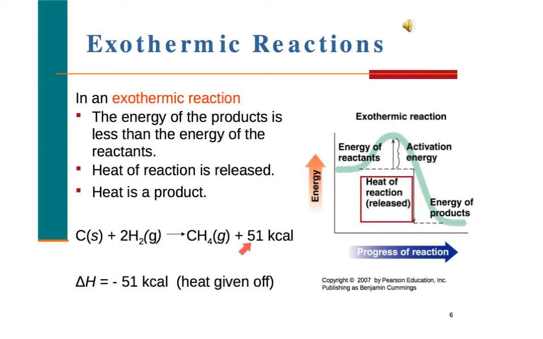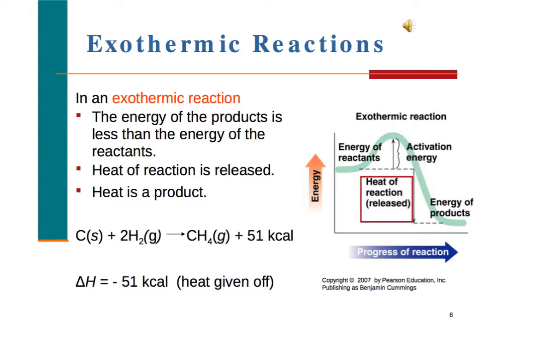So if we're seeing 51 kilocalories of energy being produced in this chemical reaction, that means that these 51 kilocalories had to come from inside these two substances. So the chemicals, or atoms or molecules, have lost energy. This molecule of methane has less energy inside of it than did the carbon and the hydrogen separately.